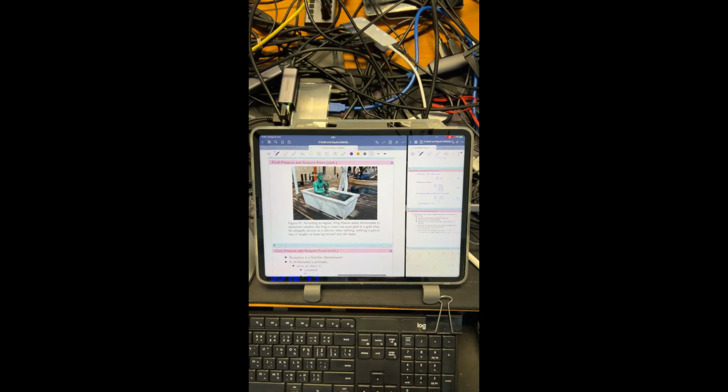Archimedes received that request from the king, and he tried so many ways to find an idea. How could we solve this? How could I tell the king whether this crown is really made of gold or not?